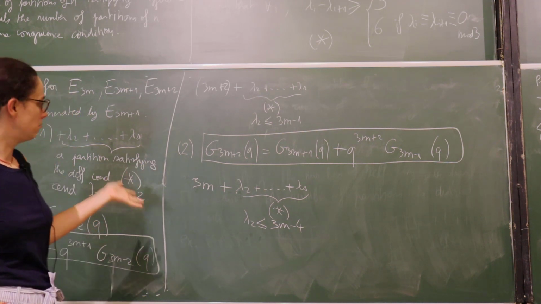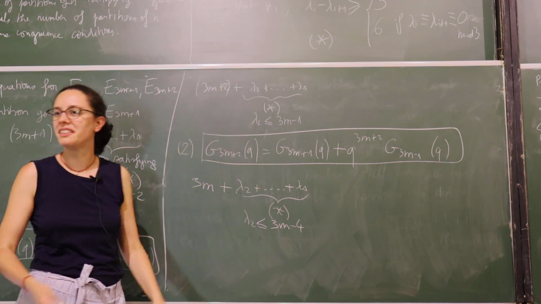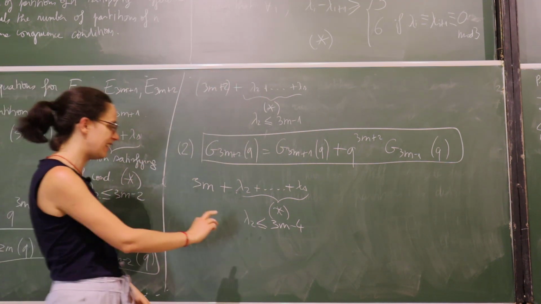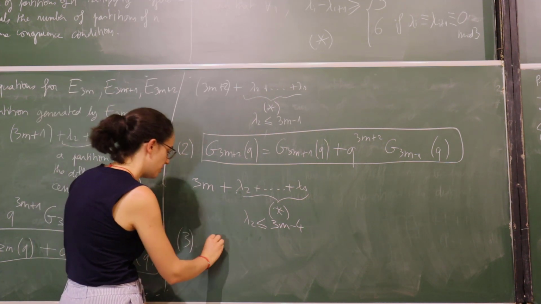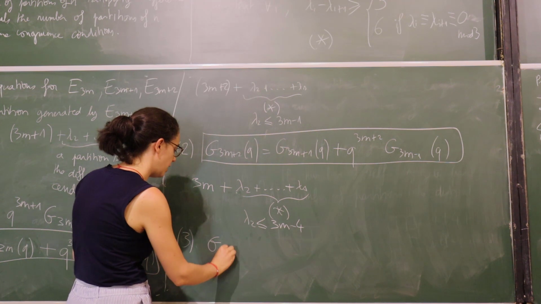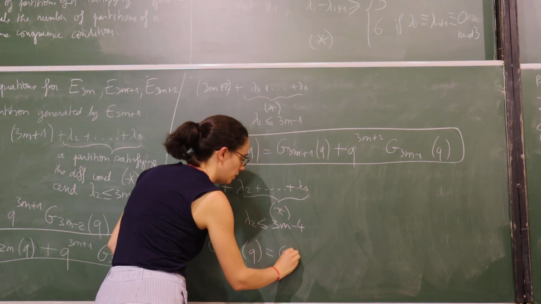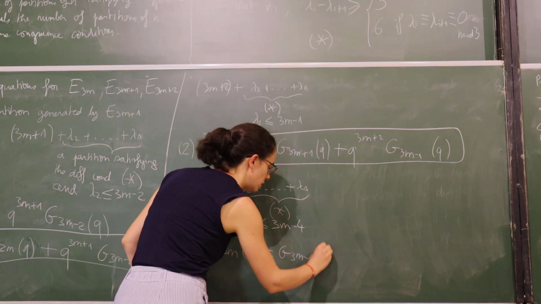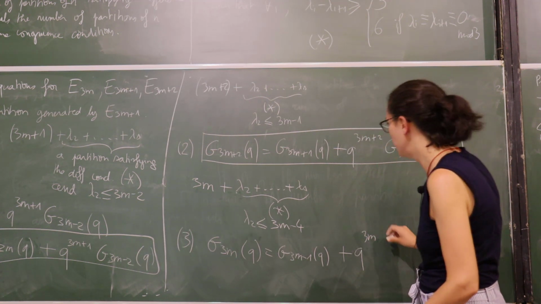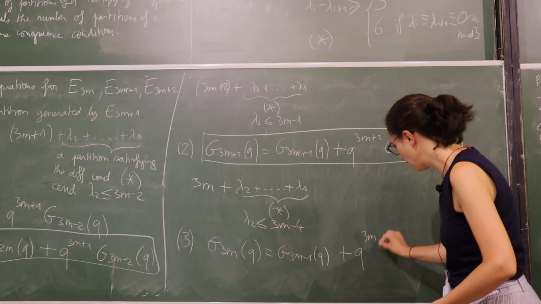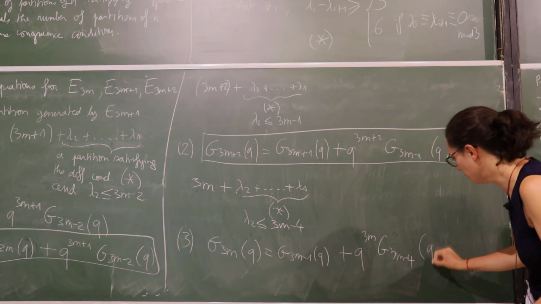Okay, so still, apart from the fact that you have to consider a bit more details, the global idea is still the same. And I will also directly write the formula with the G's. So you have G_{3m}(q) equals G_{3m-1}(q) plus q^{3m}, because again we remove the first part, and the only difference is here we will have G_{3m-4}(q).